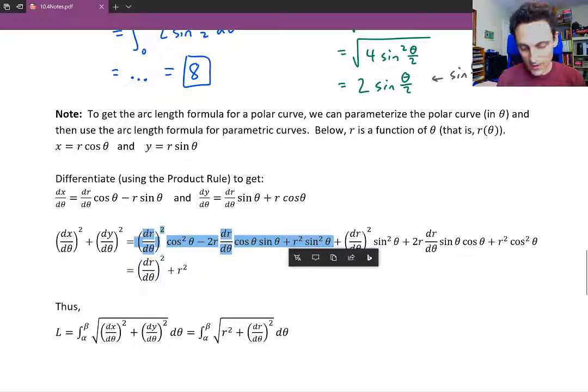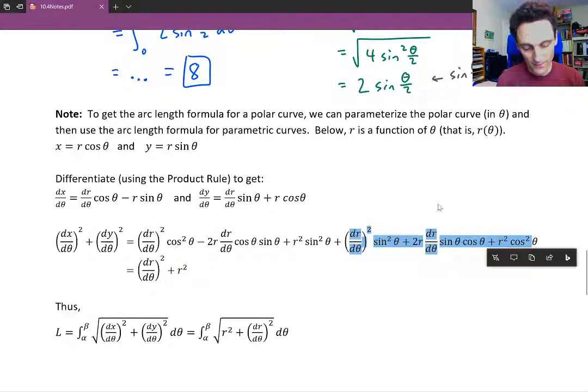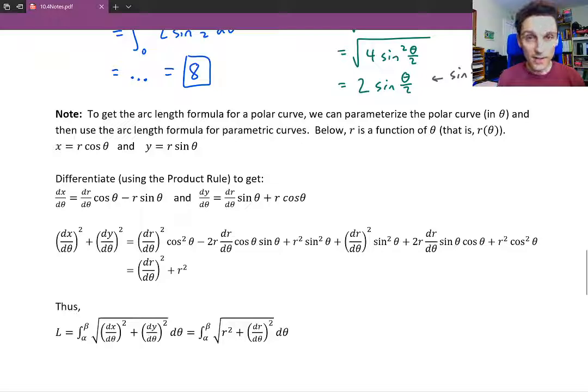Then you have to square dy d theta, and that's the second 3 terms. And then a whole bunch of stuff cancels and collapses, or gets put together. If you notice, there's a dr d theta squared cosine squared theta and a dr d theta squared sine squared theta. If you factor out the dr d theta squared, you'll get a cosine squared plus sine squared, which is 1. So those two terms become dr d theta squared.